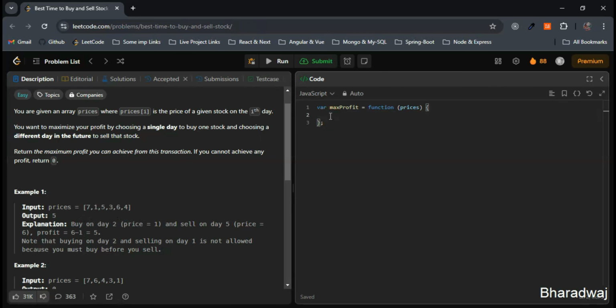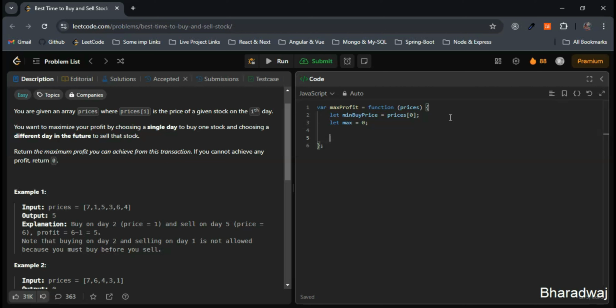For that I'll write let minBuyPrice equals prices[0], the 0th index, which is the value 7. Next, we'll initialize the maximum profit to 0. The same thing, I'll write let max equals 0.